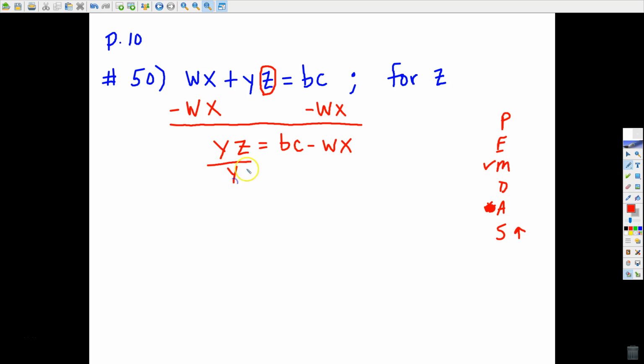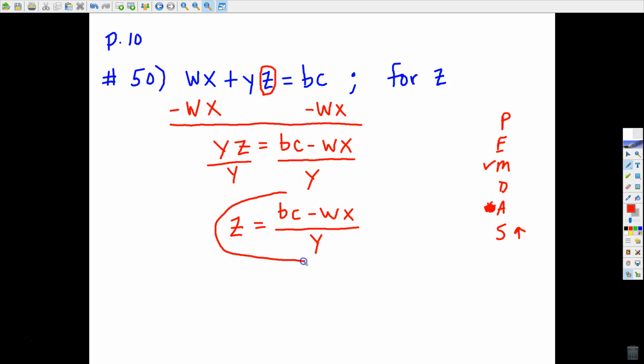So divide by y in this case. And that's going to get us to our final answer. z is the fraction bc minus wx over y. All right, and that should be your answer for number 50.